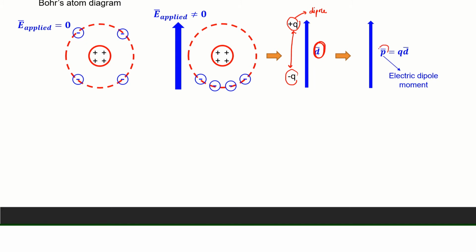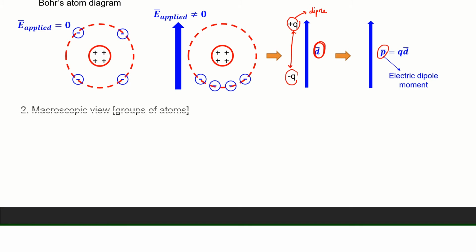This p is called the electric dipole moment. Since this is a microscopic view, meaning that it is an atom, we assume this is an atom, and that's why p is written in small letter.